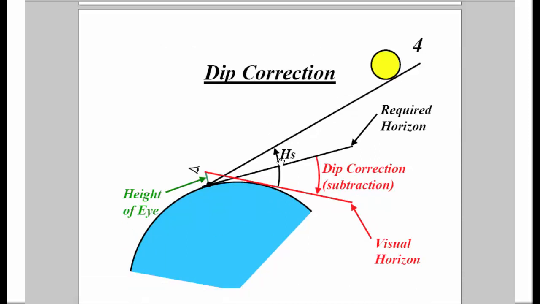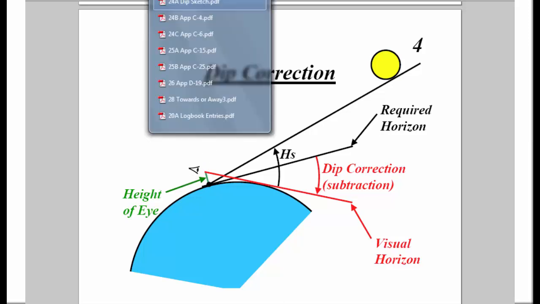So the observed HS is always larger than the required HS, and the distance that your eye is above the water will change the angle of this visual horizon and therefore change the HS. So what we want to do is look up what the dip correction will be for different heights of eye. And let's look at that.